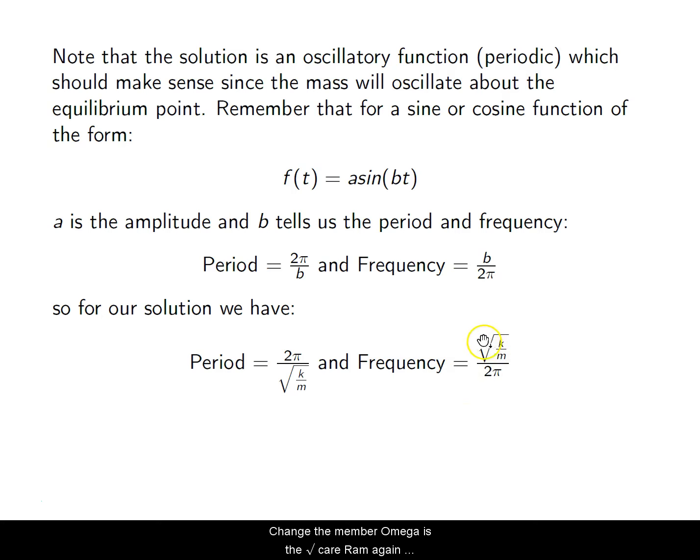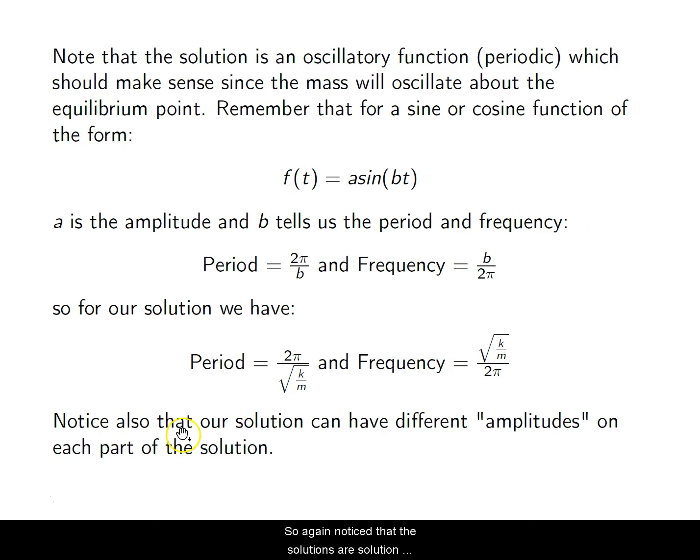Remember, omega is the square root of k over m. I'm, again, keeping everything in terms of k and m, spring constant and the mass. So if you haven't noticed, it's very important for us to find the spring constant and the mass in order to solve all of these things. Again, notice that our solution equation has different amplitudes on each part of the solution. C1 and C2 can be different.